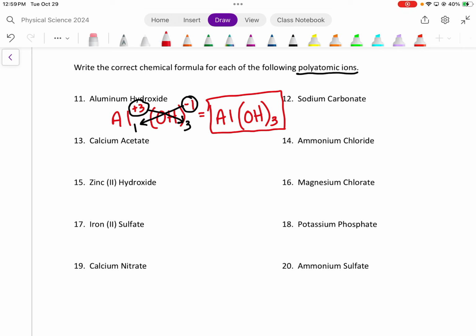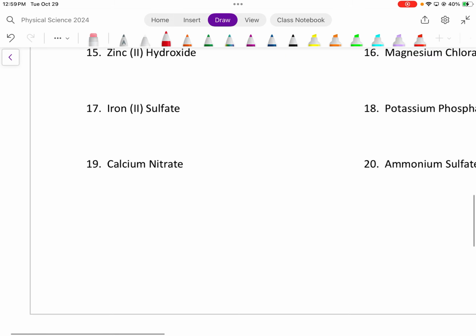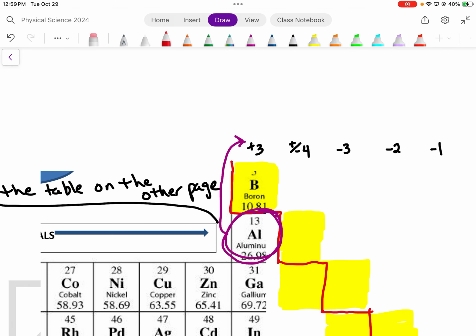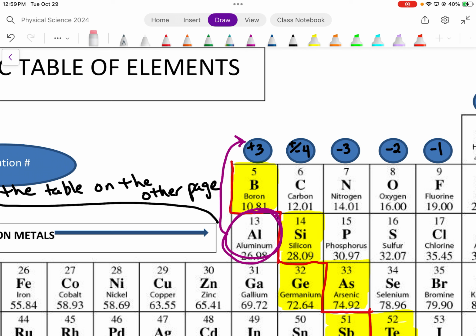Again, we'll do one more. Let's jump down to number 17, iron 2 sulfate. So I need iron with the 2 in parentheses and a sulfate. So I'll go back to my periodic table.